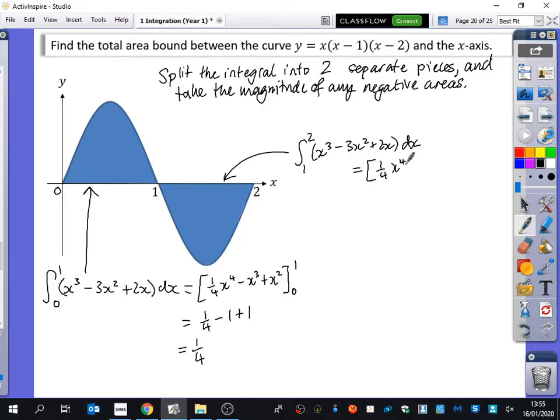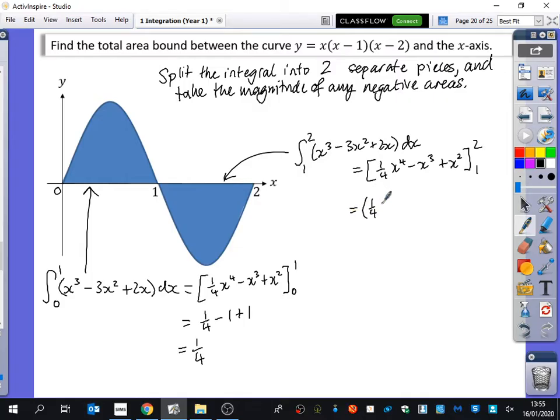And then we're going to do the same thing between, this time though, 1 and 2. We should know what the answer is going to be. What is the answer going to be? Minus a quarter. We know it's going to be minus a quarter just because we've investigated the start of this problem. So I'll put 2 in.